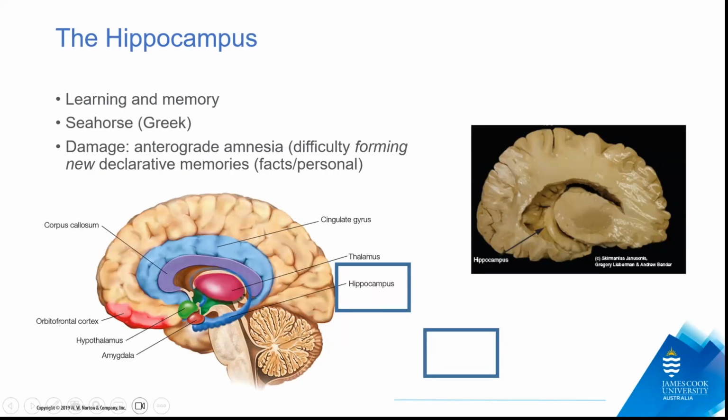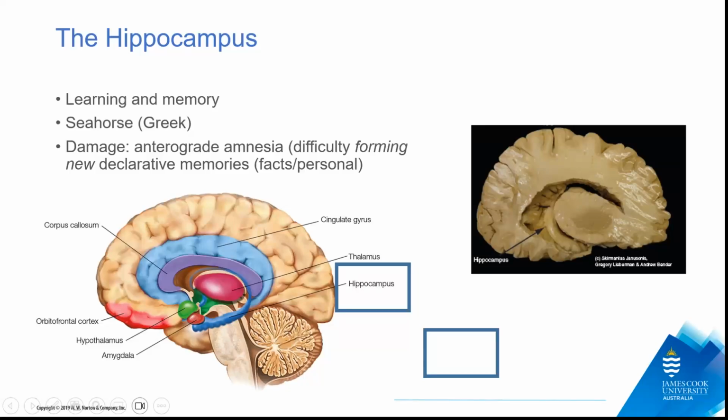So hippocampus, as I said, very quickly, this slide here just shows you the schematic image of it. In Greek, it just means seahorse. Once it's damaged, here is the anterograde amnesia, what I mentioned just now.